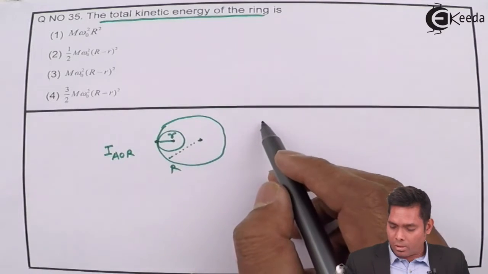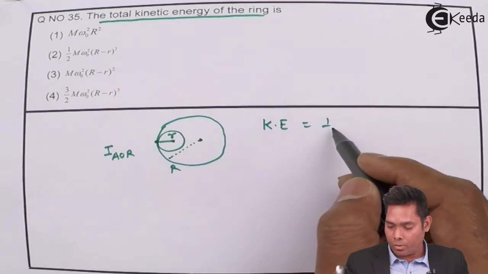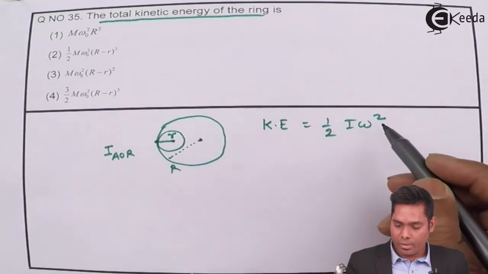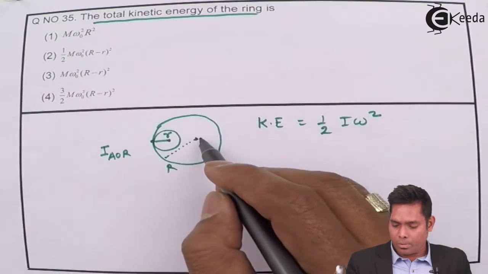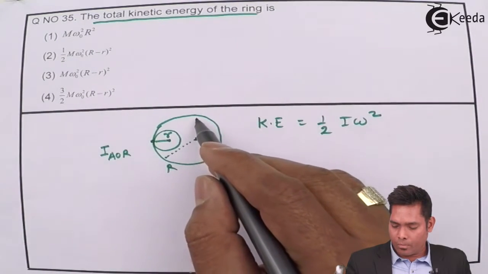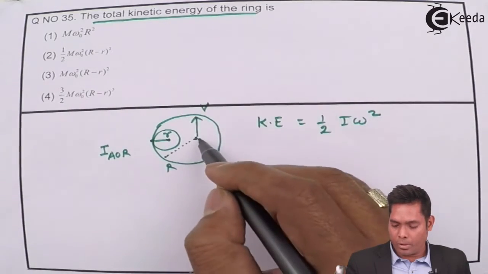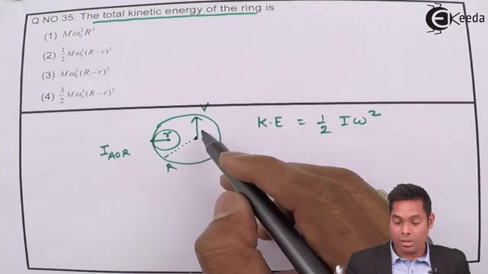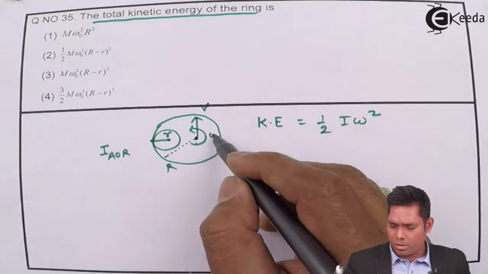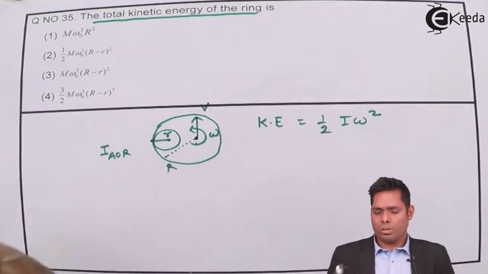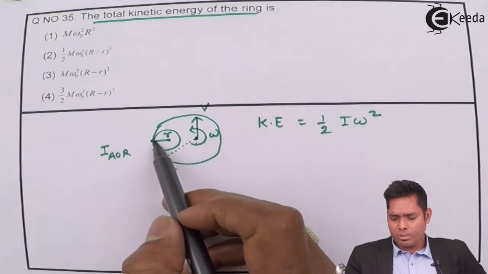So to find the kinetic energy of rotation, that is half I omega square, we need to know with what velocity it is rotating. Suppose it is rotating with velocity v here. v is the velocity of the center of mass of the ring, and omega is the angular speed about which it is rotating, because this is the point which is at absolute rest.